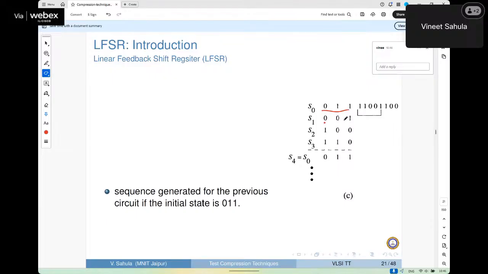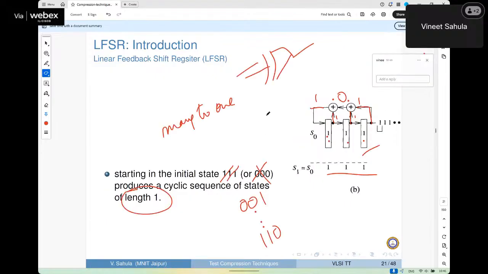Next state could be 0 0 1, then 1 0 0, 1 1 0, and we come back to 0 1 1. So period is 4. I go back and look at this output, which is the output of the last flip-flop.